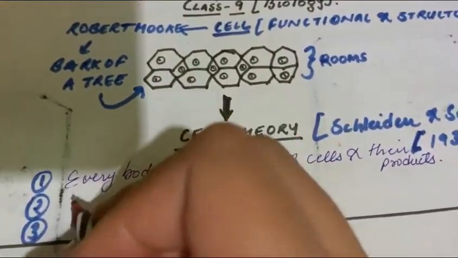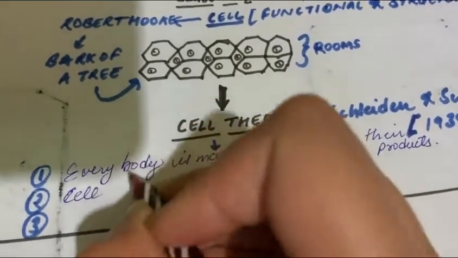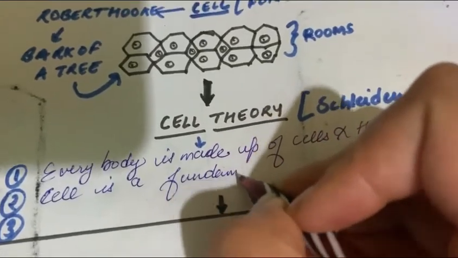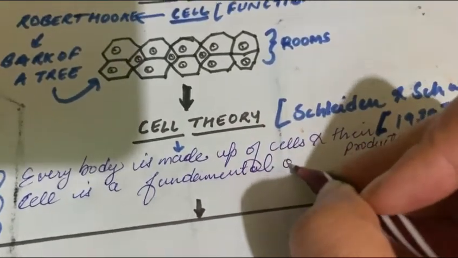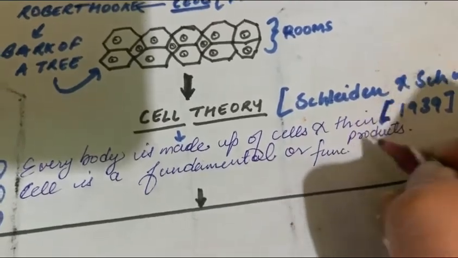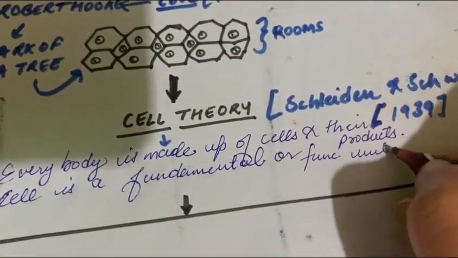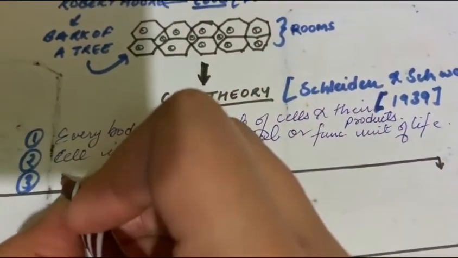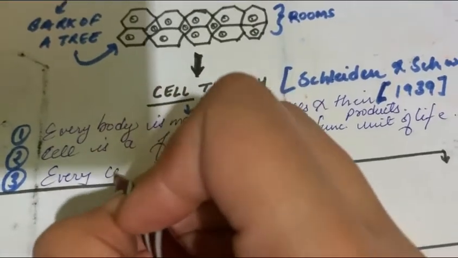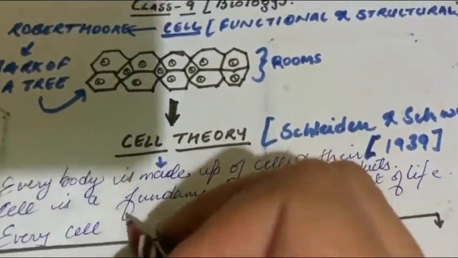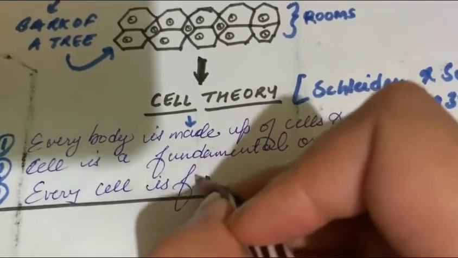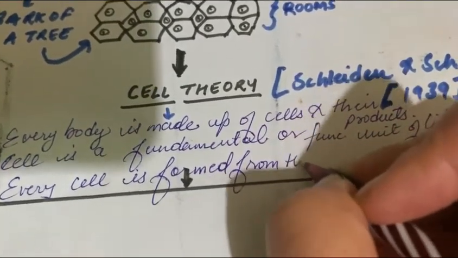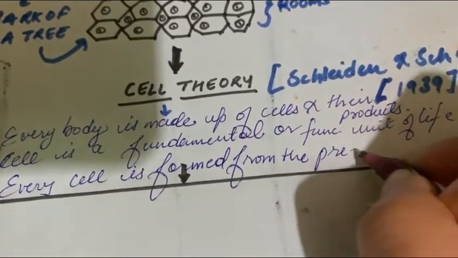The second theory is that the cell is a fundamental or functional unit of life. And the third theory is that every cell is formed from pre-existing cells.